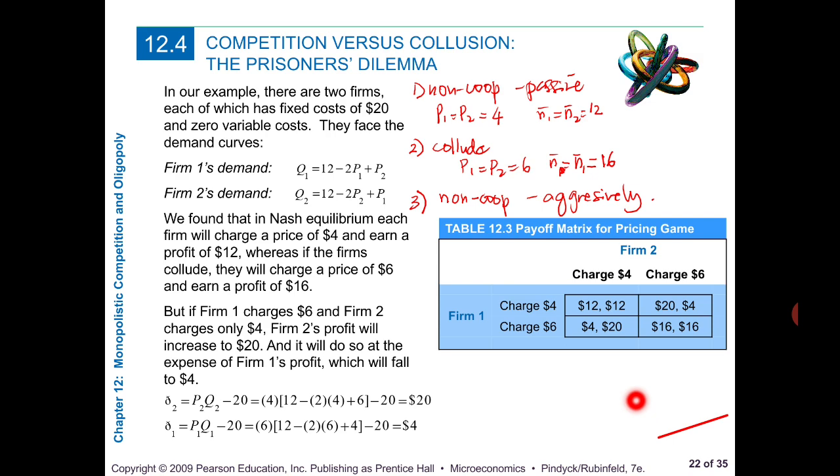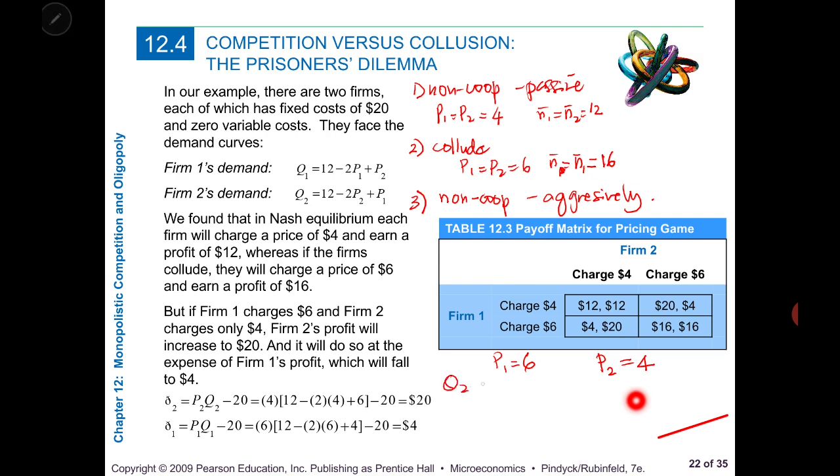But there's a lot of mistrust among each other, and they know that the first firm that quickly breaks the agreement will be the one that gets the market share. In other words, if firm 2, for instance, decides to break the agreement and offer a lower price than firm 1, which remains at 6, so firm 2 is the one who's aggressively competing. Okay, and what happens to firm 2?